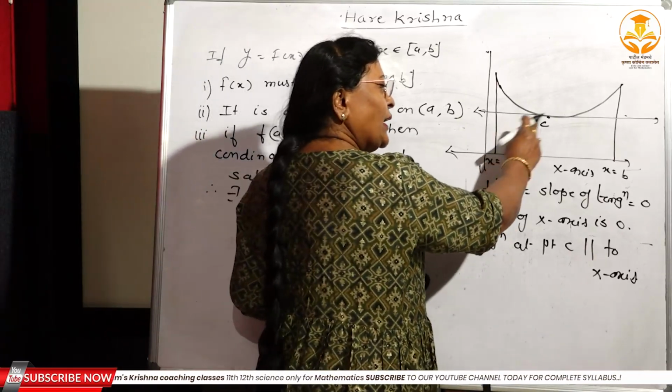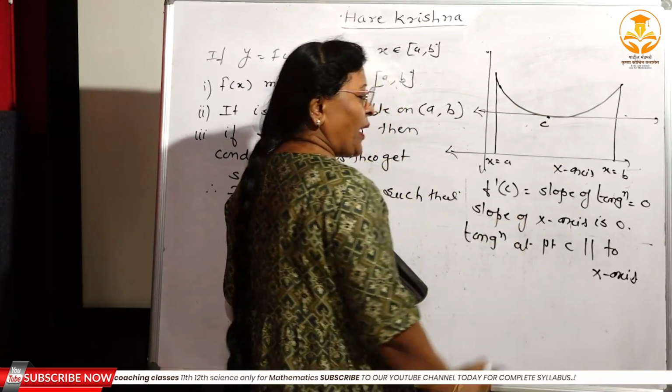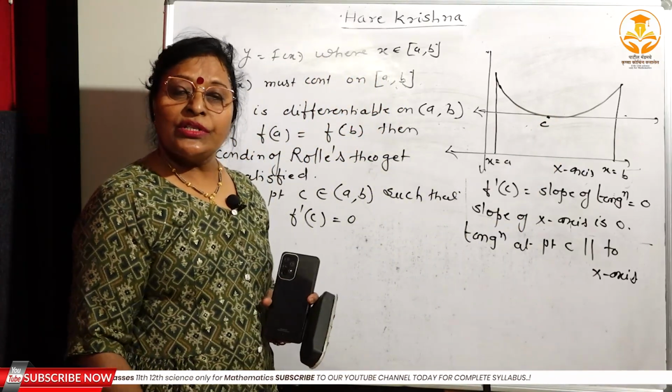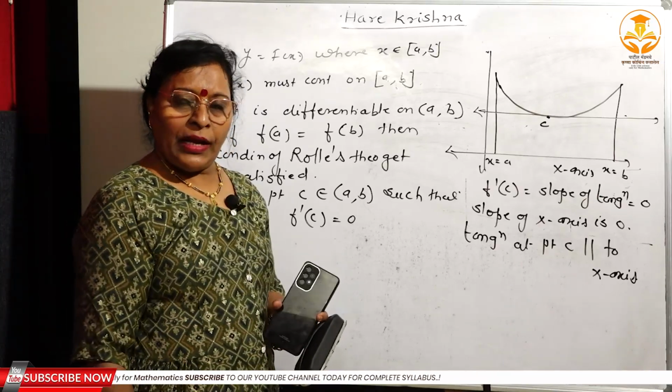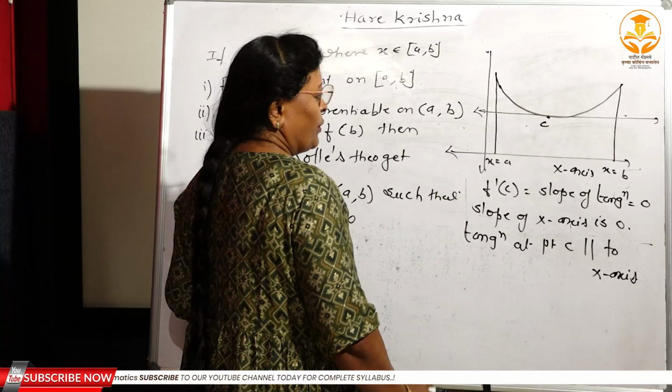Therefore, the tangent at the point c is always parallel to the x-axis. So this is the geometrical interpretation of Rolle's theorem, isn't it?